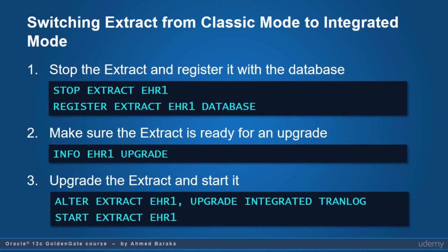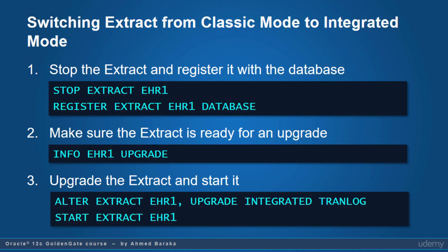If you have your extract process running in classic mode, you have the option to switch it to the integrated mode without having to create one from scratch. To do that, you perform the following procedure. First, you stop the extract, then you register it in the database using the command REGISTER EXTRACT, as shown in the slide. Then you issue the command INFO followed by the extract group name and the option UPGRADE.